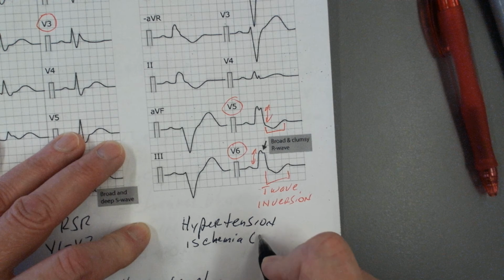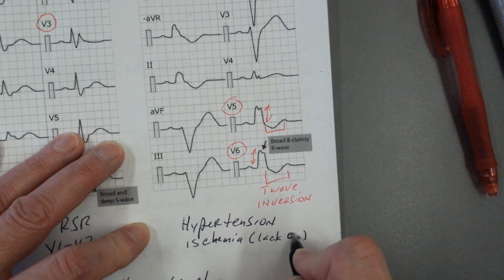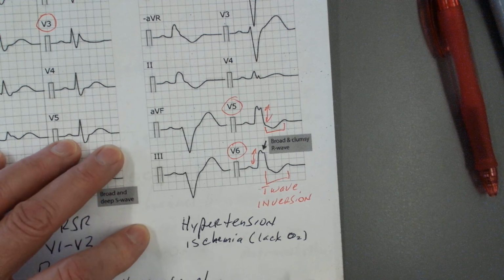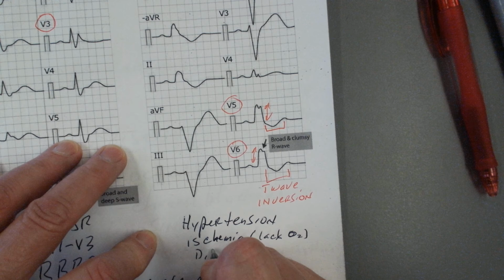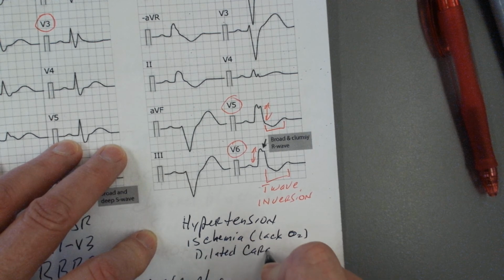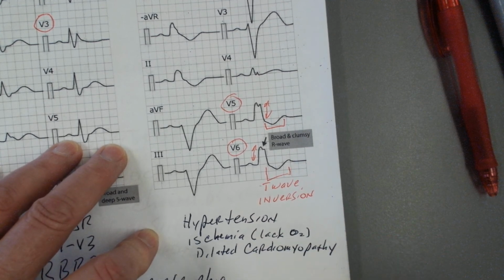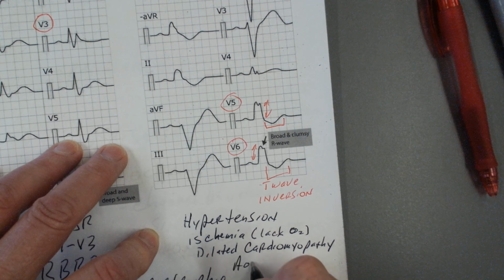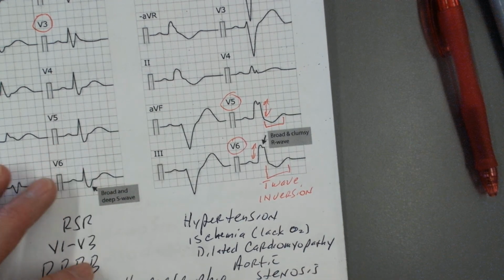Ischemia means that you lack molecular oxygen. You can also have dilated cardiomyopathy. And then you can have aortic stenosis.